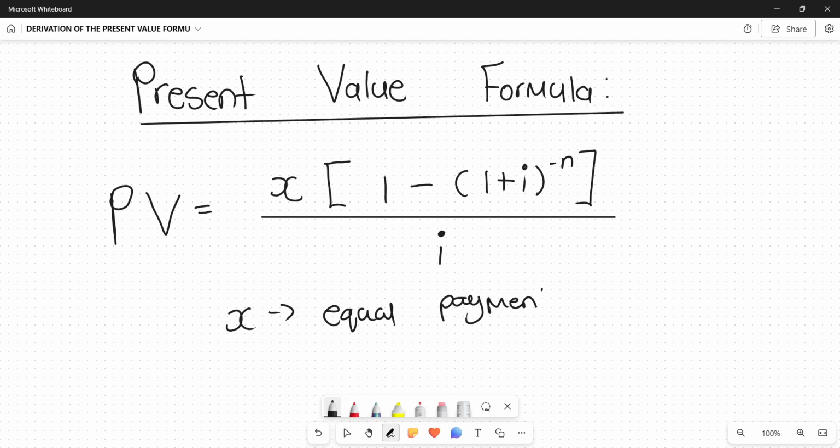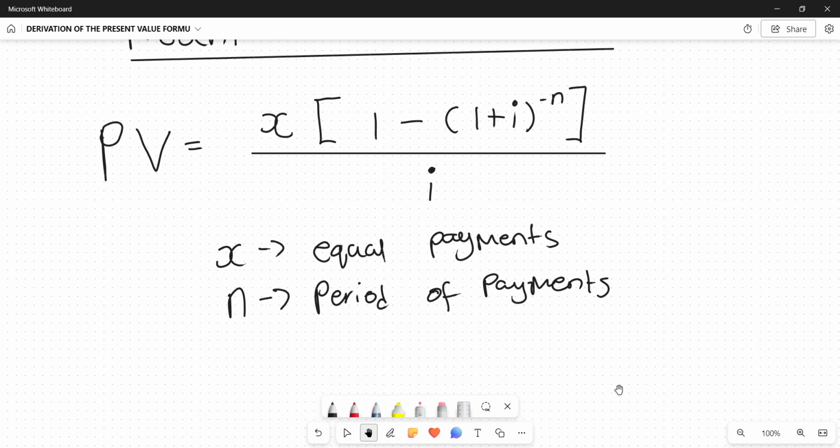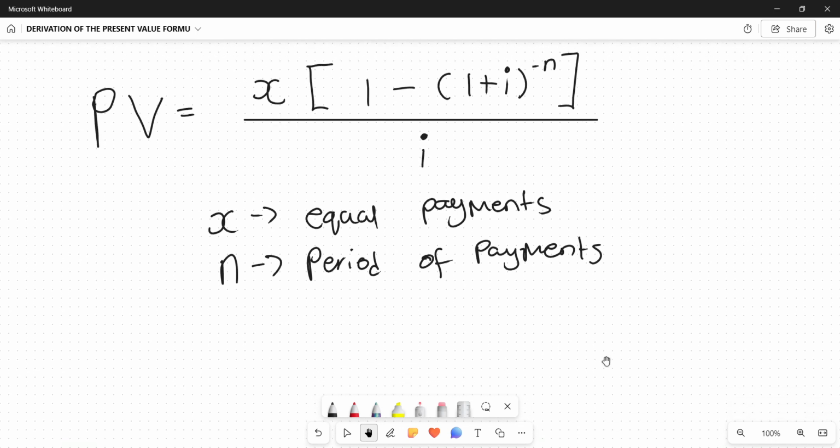This formula is used to calculate the present value of these equal payments over a period of time n. So n is the period of our payments.